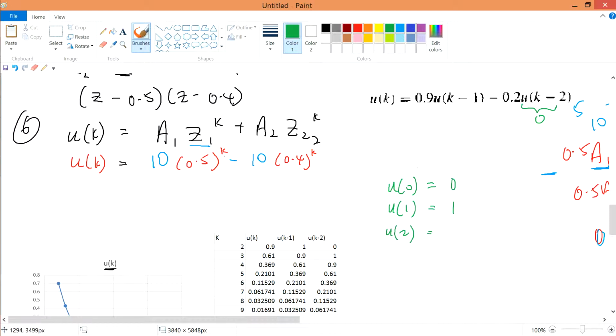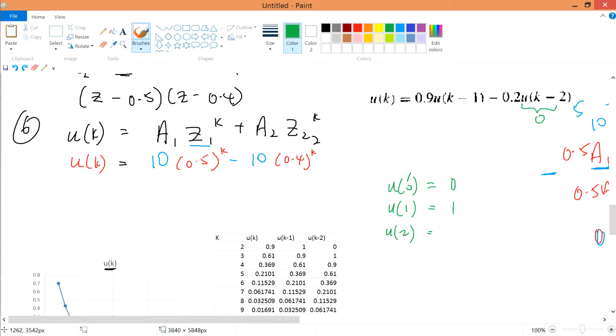Our plotting starts from the old input, which is the initial one. The very first one is assumed to be step 0. When k is equal to 0, it is equal to 0. This is the very old input.